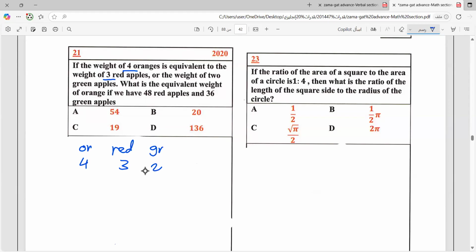What is the equivalent weight of orange if we have 48 red apples and 36 green? We find how 3 becomes 48 and how 2 becomes 36.